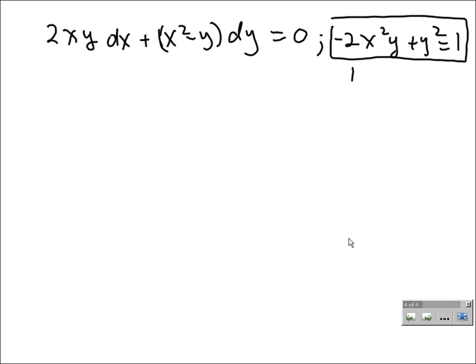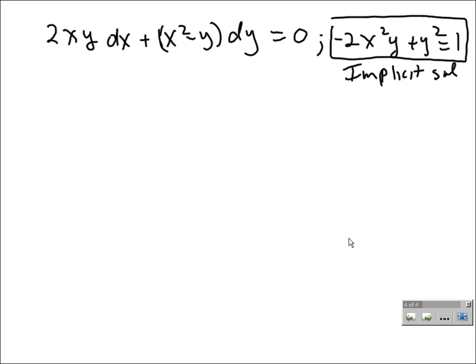This is called an implicit solution. It's a solution, but it doesn't say what y equals or what x equals. Sometimes you can't write solutions in the form y equals or x equals or t equals.